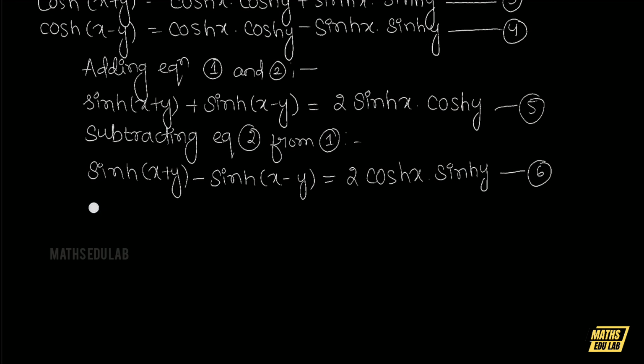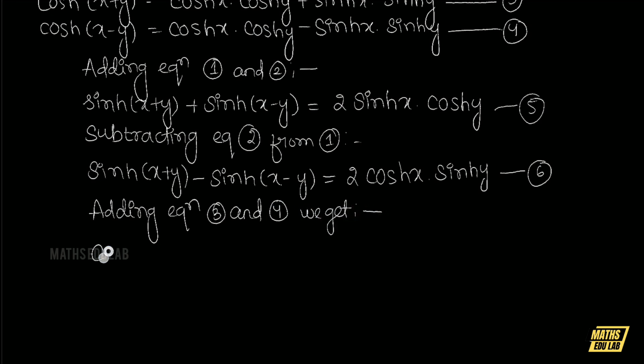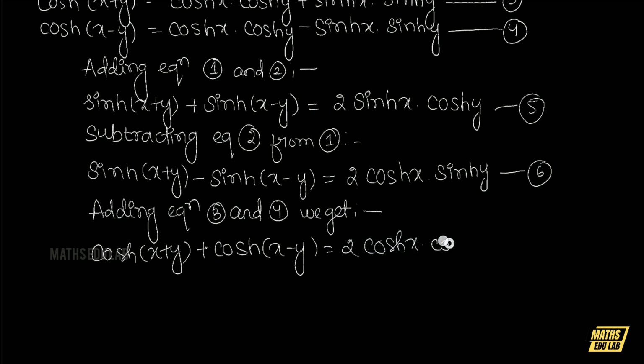So let's write, adding equations 3 and 4, we get cosh(x+y) plus cosh(x−y), which is equal to 2 cosh x cosh y, and this is our seventh equation.